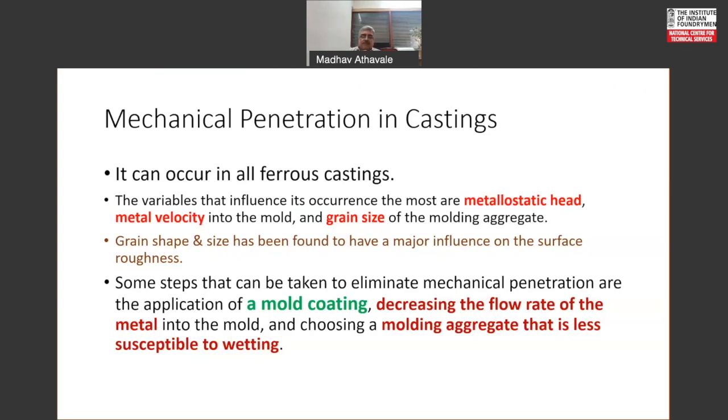Plus, by applying a layer of the coating on the surface, we are making it more impervious. We are decreasing the flow rate of the metal into the mold so that the pressure will be less.